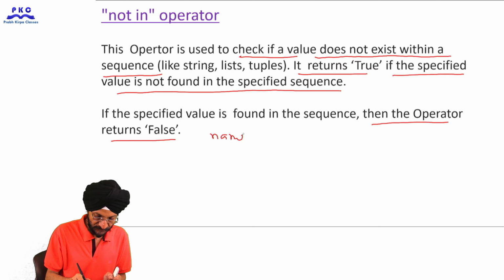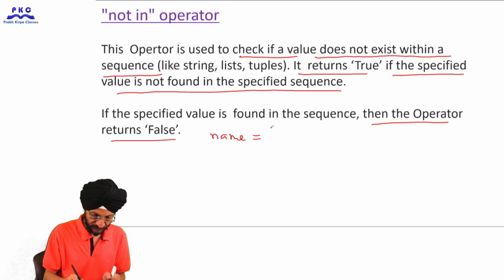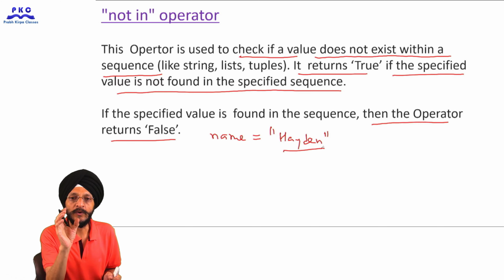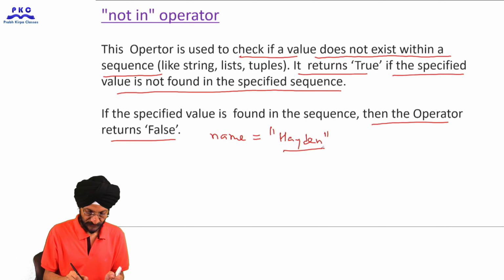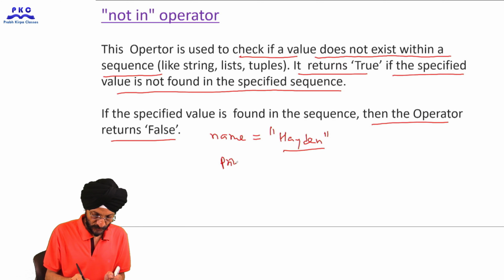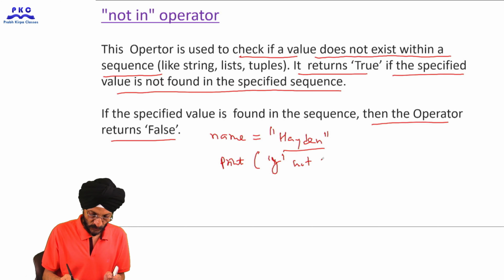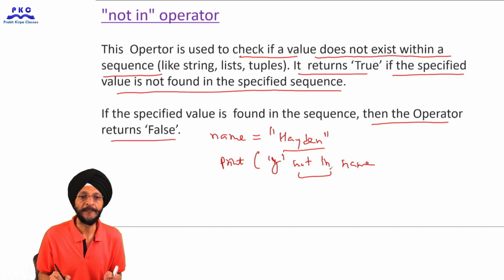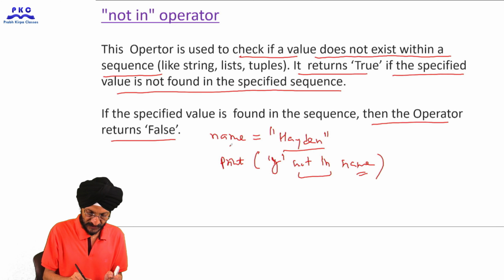Suppose we have created a variable name and here we write the string hidden, and we use the print function. Now we will find whether y not in name, using this not in operator. Name is this variable, y is the substring.